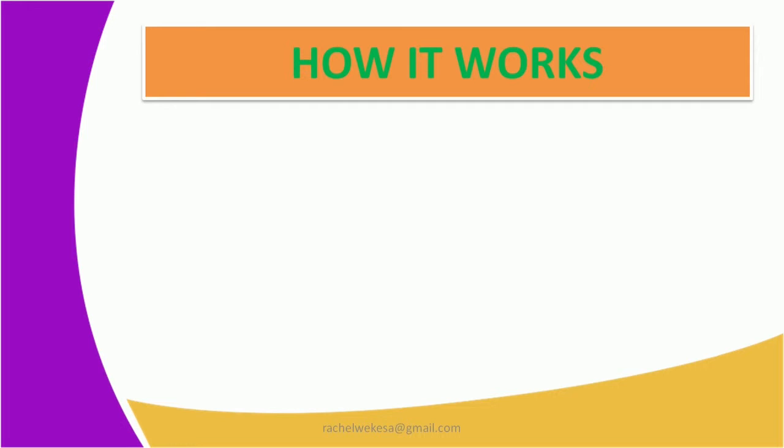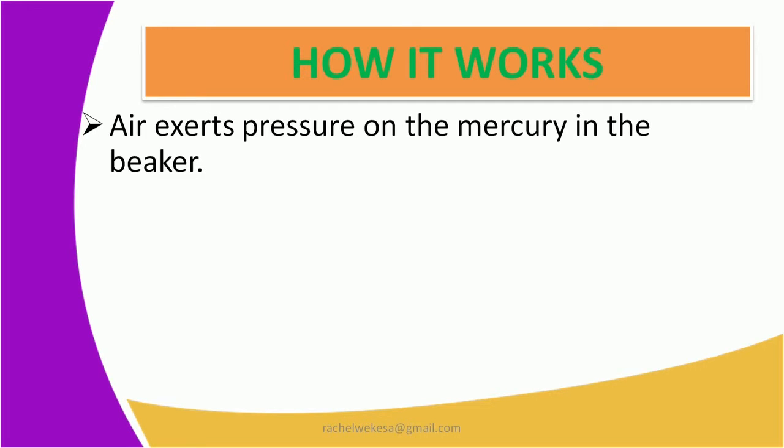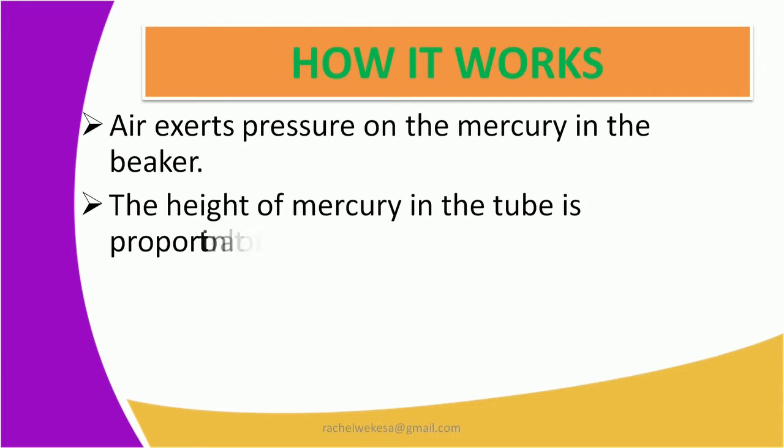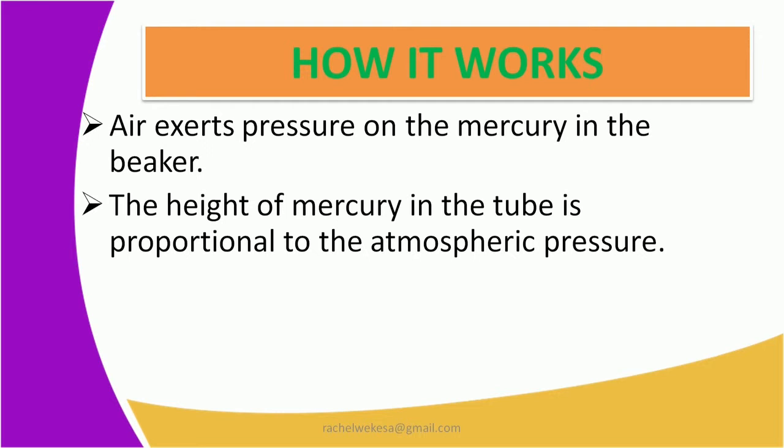Let's look at how it works. How does the mercury barometer work? The air from outside the beaker exerts some amount of pressure on the mercury, and when it does, the mercury rises in the glass tube.